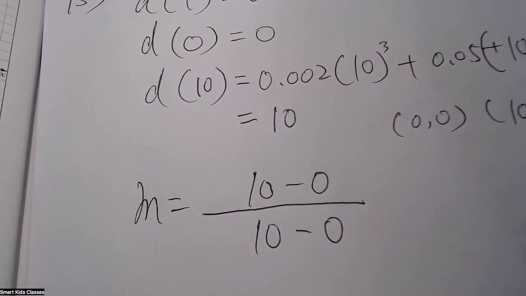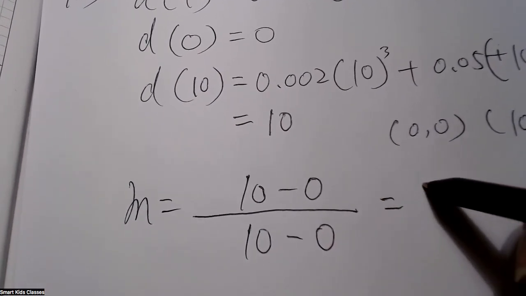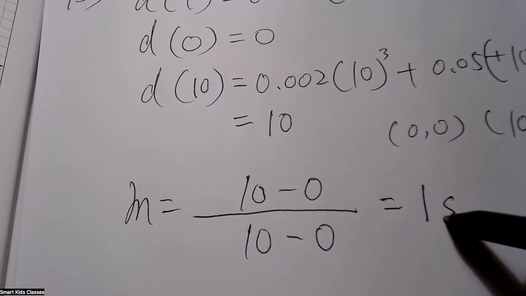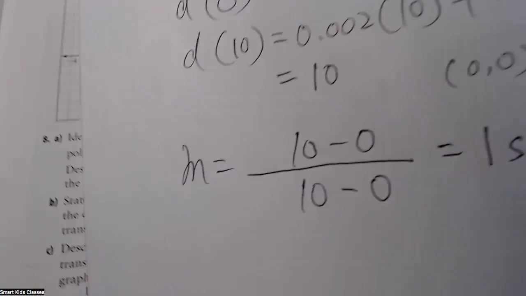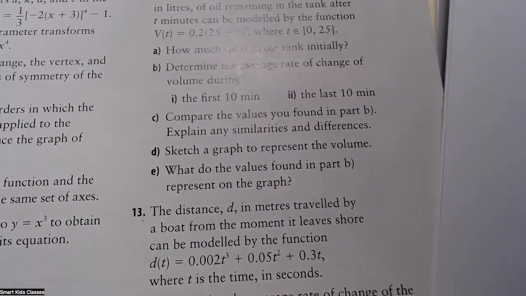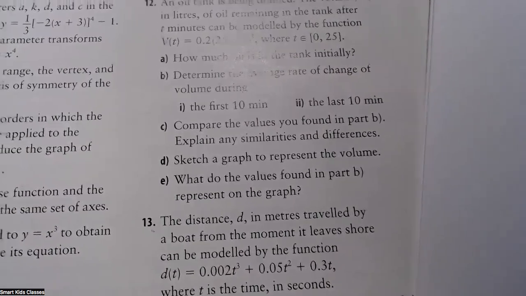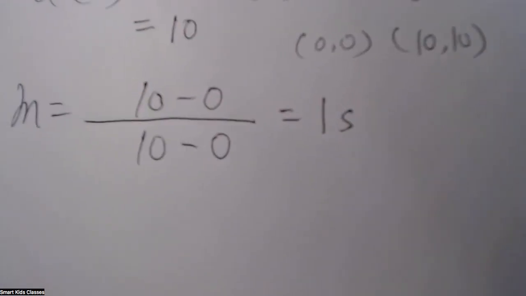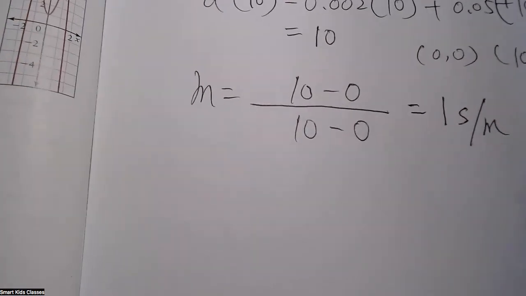Then we find the value. When you divide, it's equal to 1. The distance is traveled in meters, so we have to write meters per second. So that's the first slope.